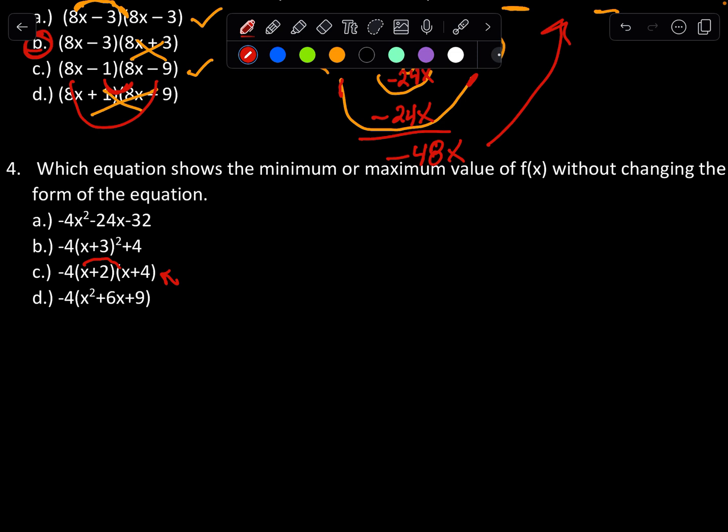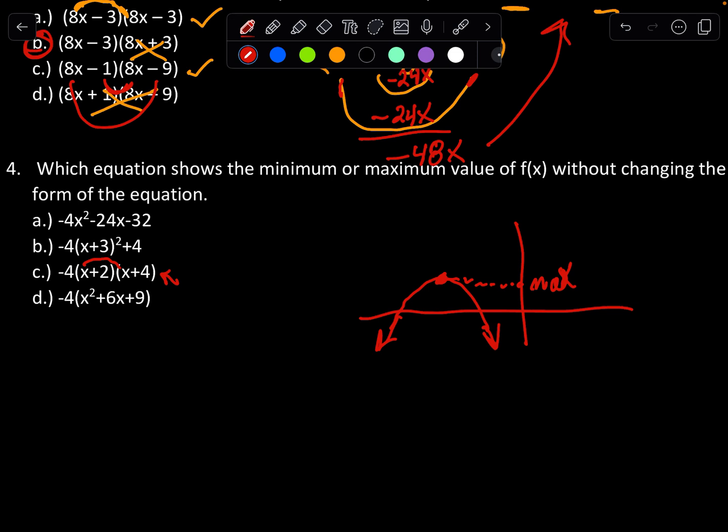And in a quadratic, which if we graph it is a parabola, we know if it opens downward, the vertex right here is a maximum on our y-axis.